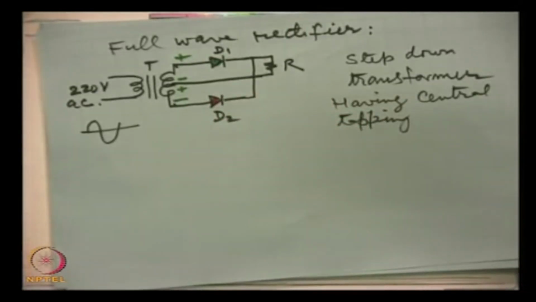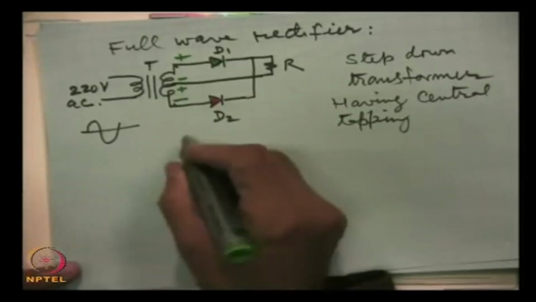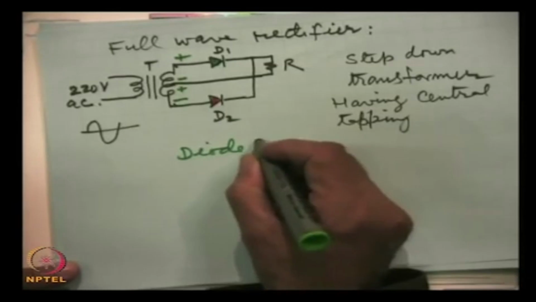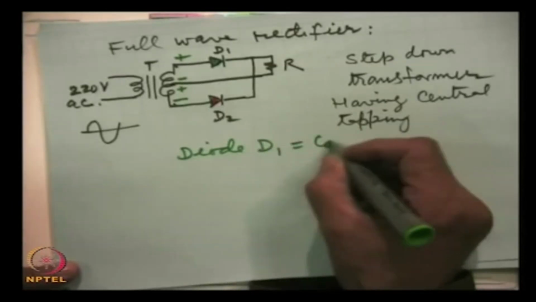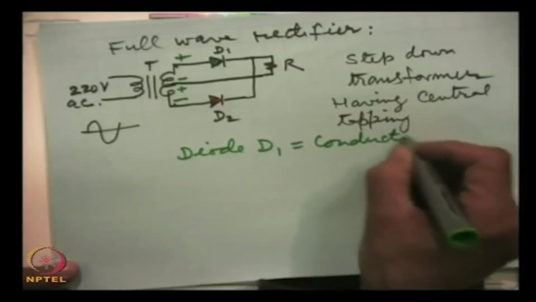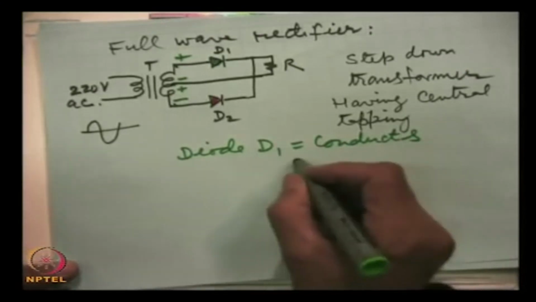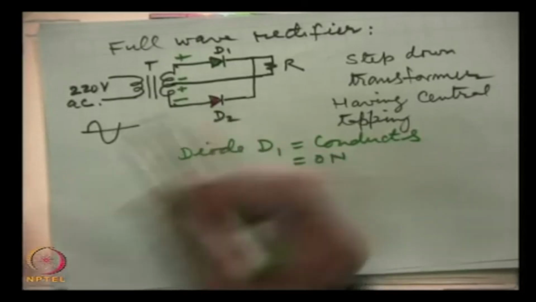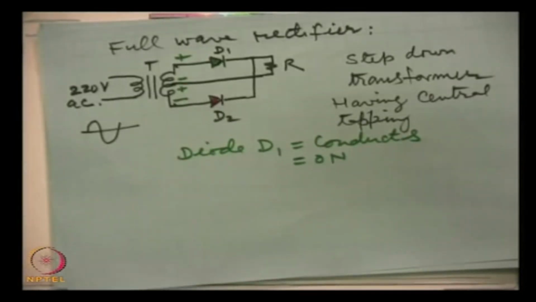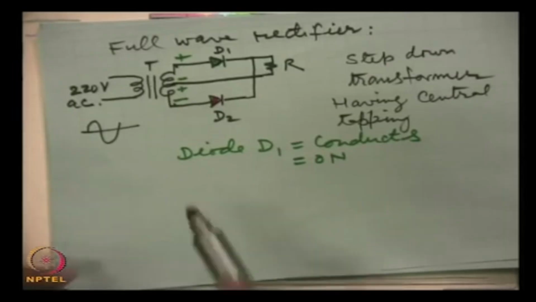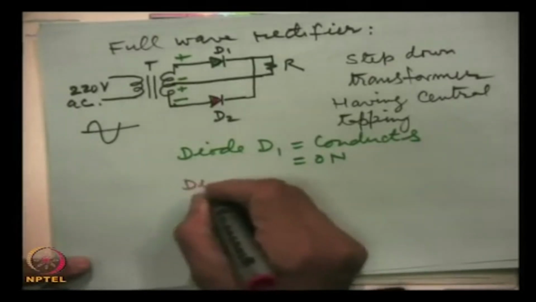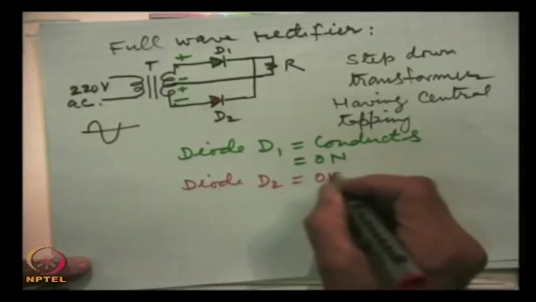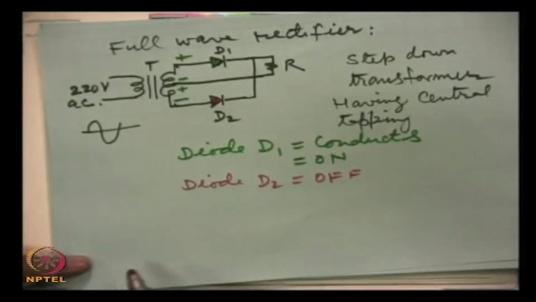So, D1 conducts, it is an on diode, and D2 is off, it does not conduct.